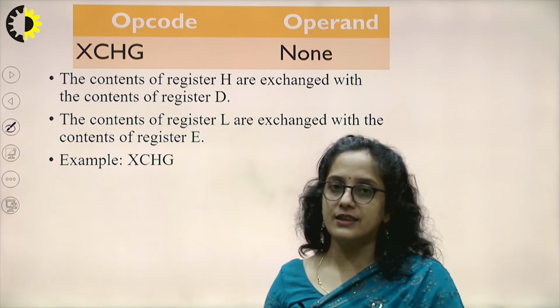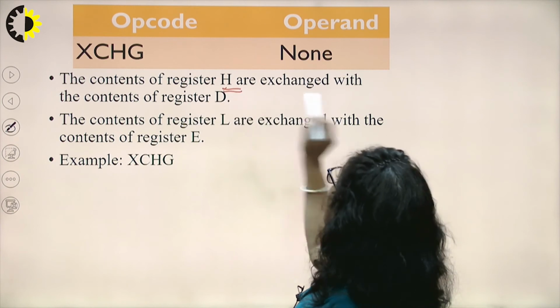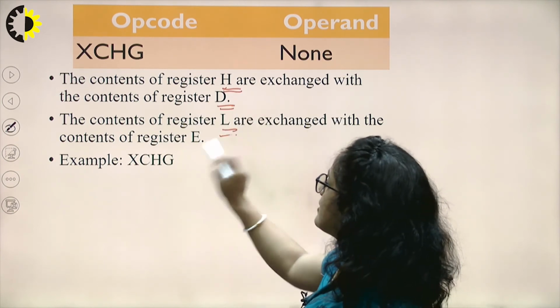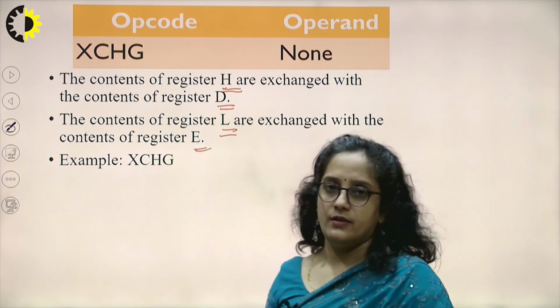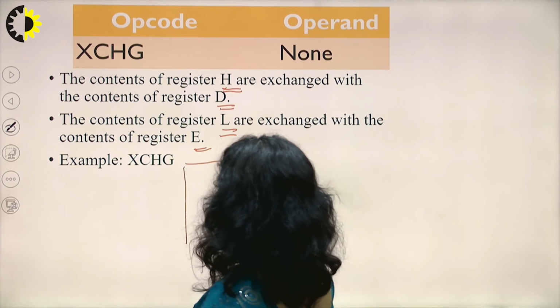It has to exchange the content of the H register with the D register and the content of the L register with the E register. Now how is it done by the microprocessor?